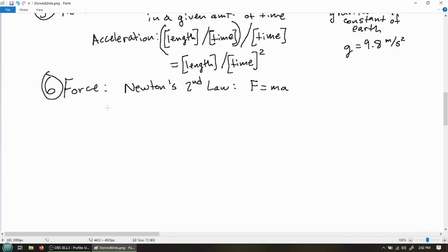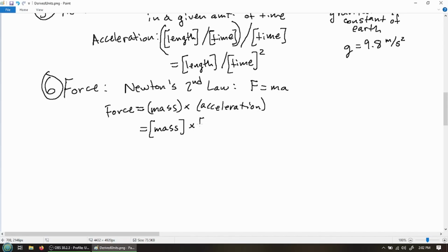So we know that if force is mass times acceleration, let's just write that out here. Let me make that an equal sign. So we have mass times acceleration. Well, we know what the units of this are now.